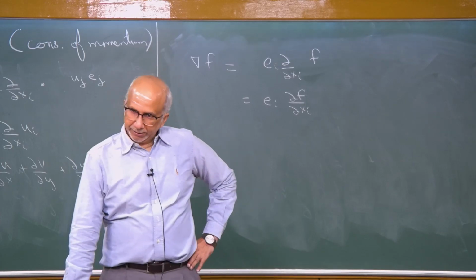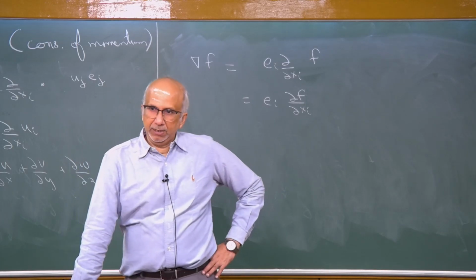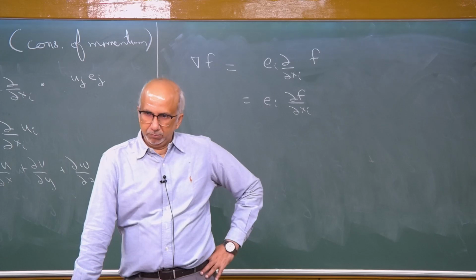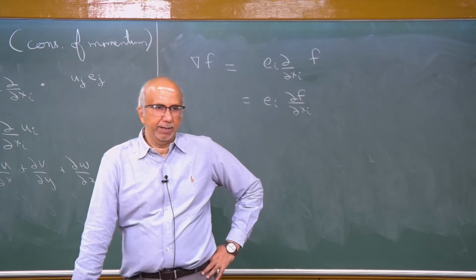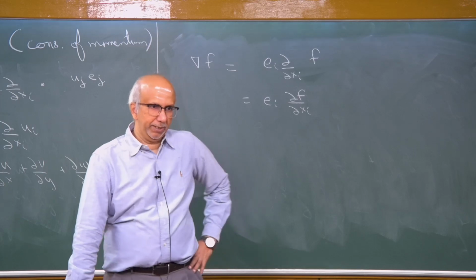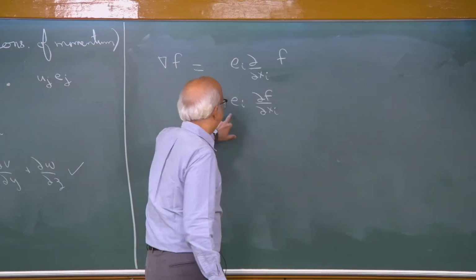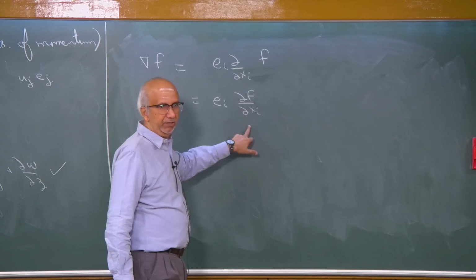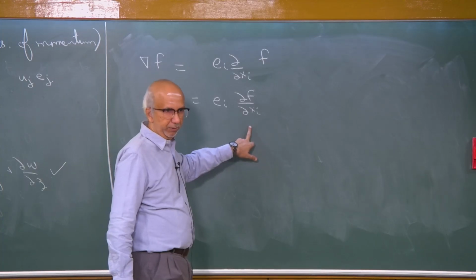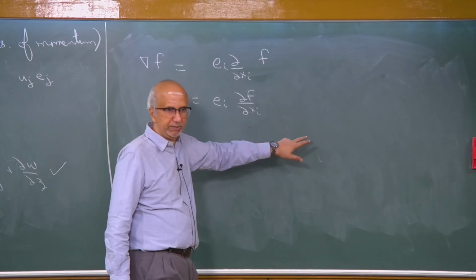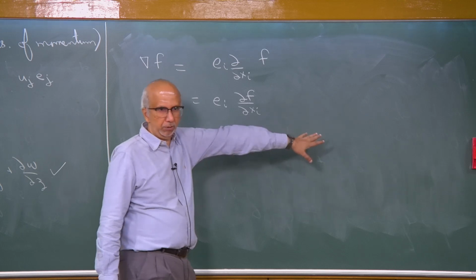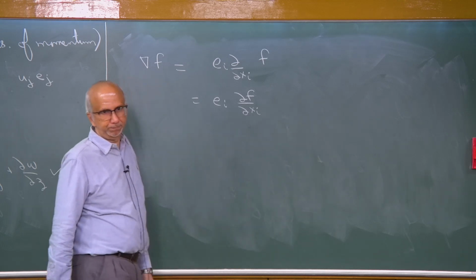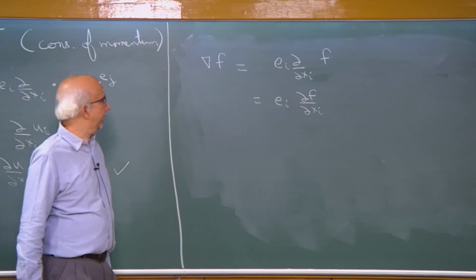The gradient has 3 components in the x, y and z direction, and the gradient is a vector. That is taken care of by this unit vector, and each component is the derivative with respect to x, y, and z respectively.